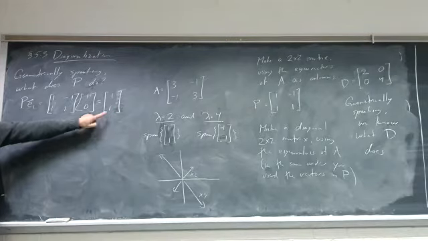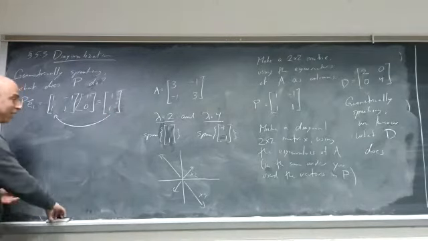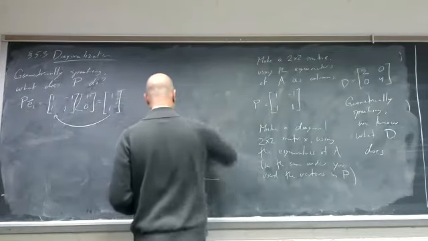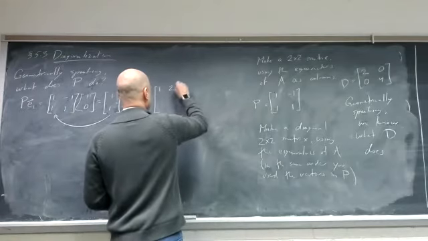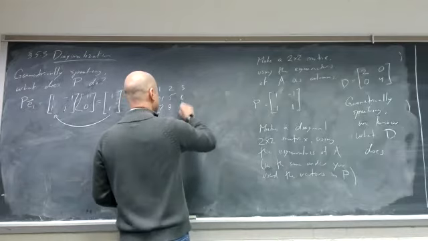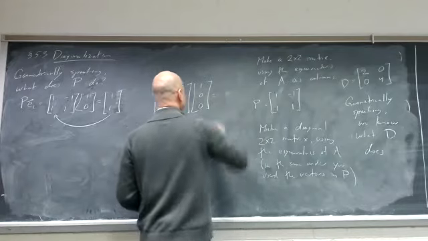That they match? Well, yeah, this is just the first column. It should be clear that if I give you any matrix, let me give you another matrix for a second: 1, 2, 3, 4, 5, 6, 7, 8, 9, and go ahead and multiply this by 1, 0, 0. See what you get.